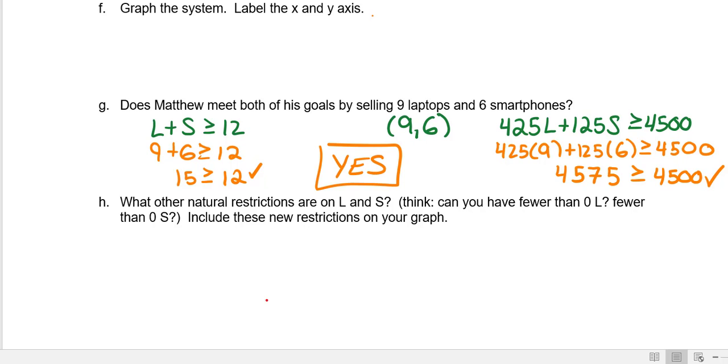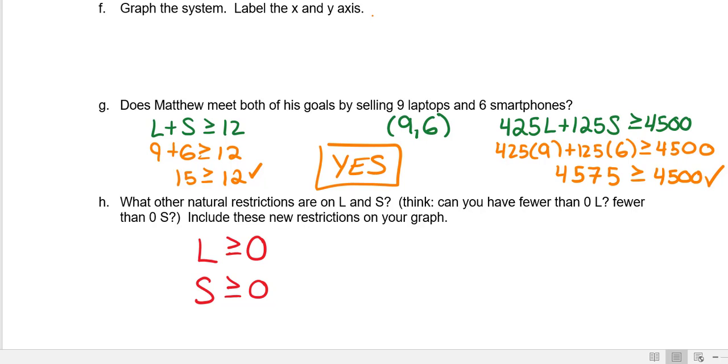But we know that we can't have fewer than 0 laptops, right? I know my number of laptops is either going to be 0 or it's going to be greater than 0, right? I can have 1, 2, 3. I can't have negative laptops. And same thing with S. S has to be greater than or equal to 0. So those might be natural restrictions that you thought of on your own, but they should technically be part of our system of equations.